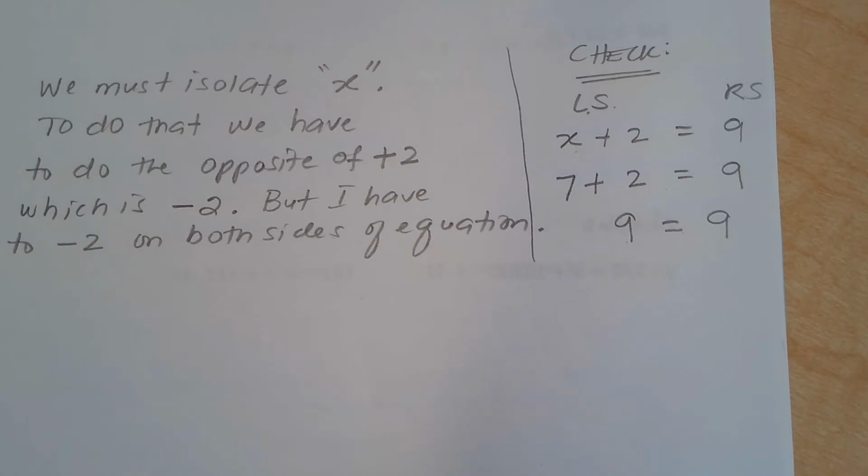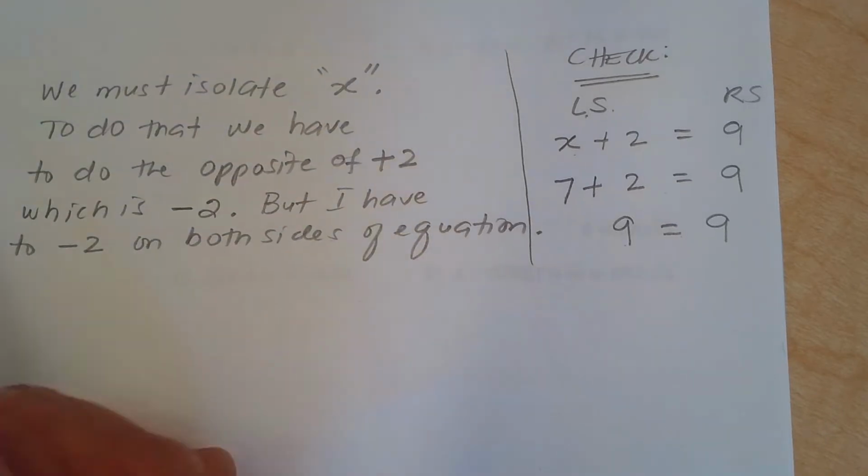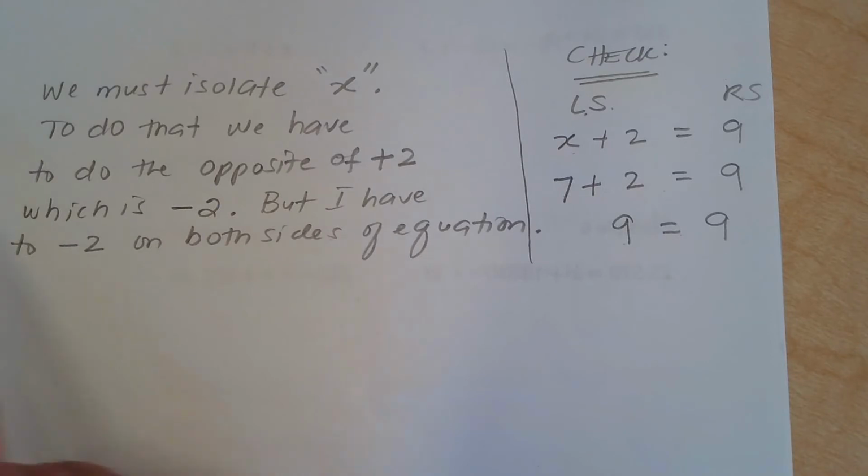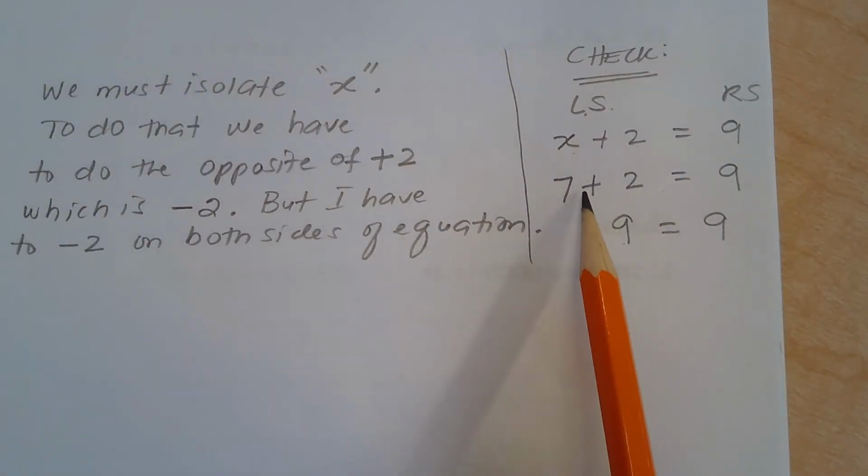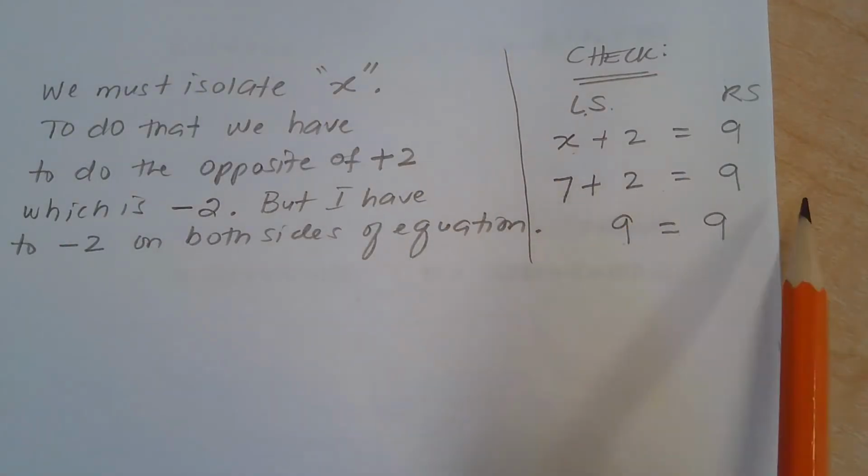Is that okay when I solve the problem, x, example 1? 2 plus 7 equals 9? Oh, you just went 2 plus 7 equals 9?